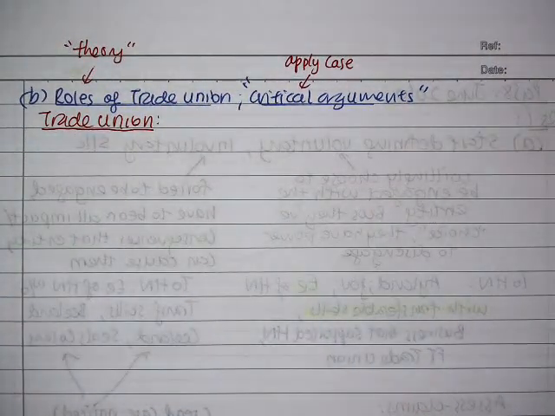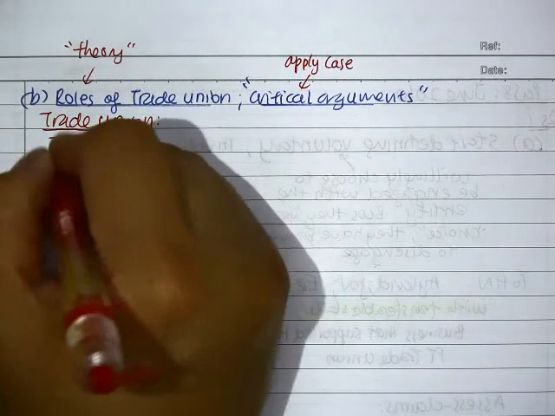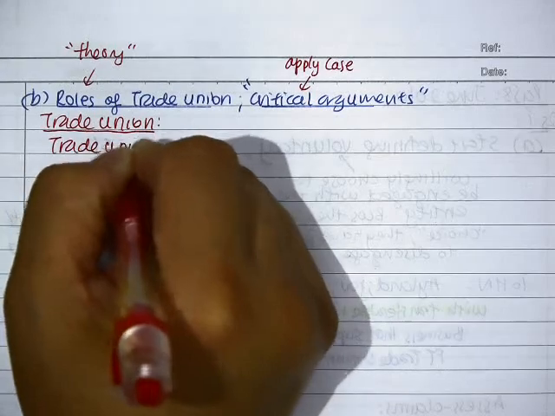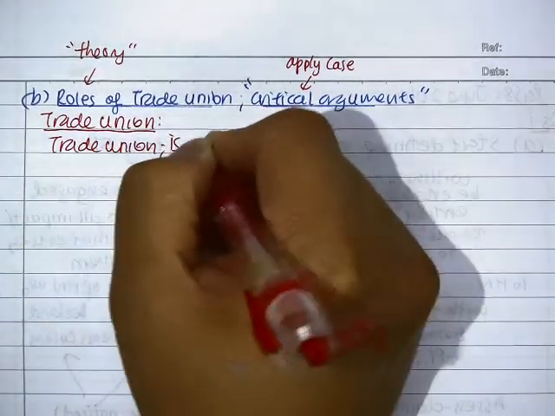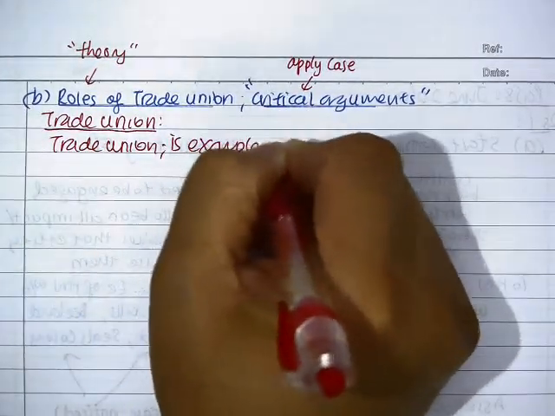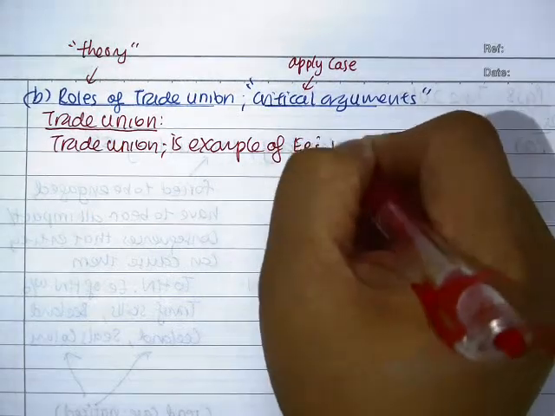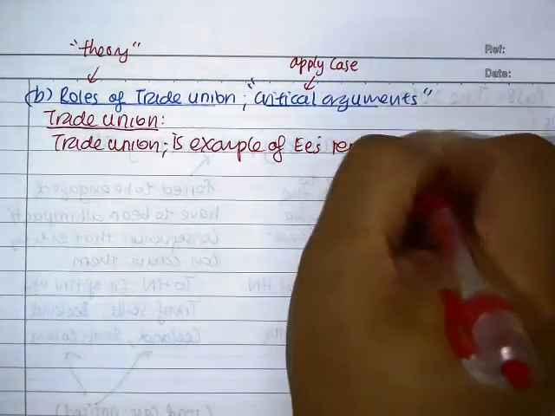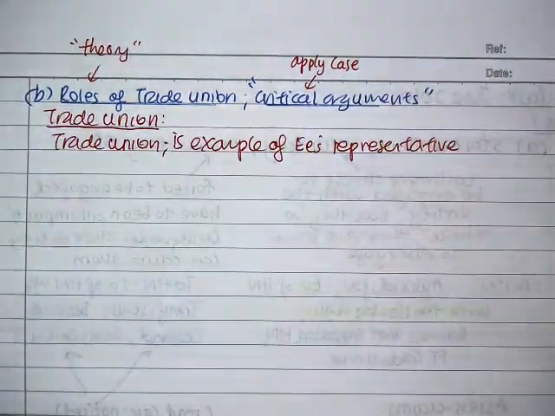Now, so what am I going to do? I'm going to start with the heading, cover the first part. Okay. I will start by telling you what is a trade union. What is a trade union?